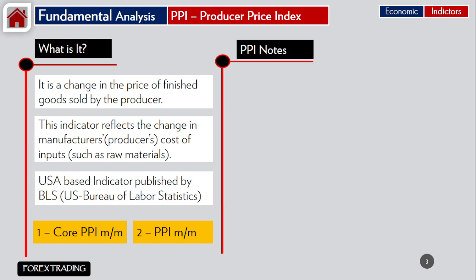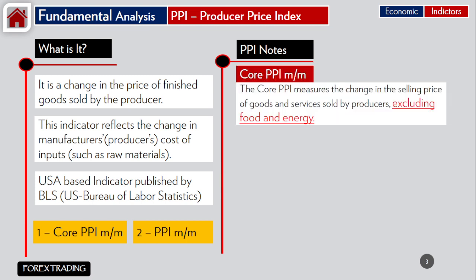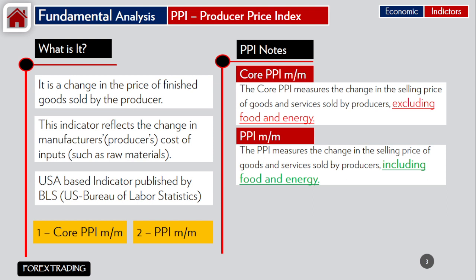And some more information about PPI. Core PPI measures the change in the selling price of goods and services sold by the producer excluding food and energy. So in core PPI we do not count food and energy. And in simple PPI, the PPI measures the change in the selling price of goods and services sold by the producers including food and energy.